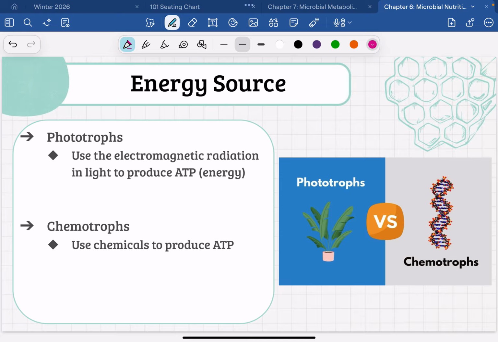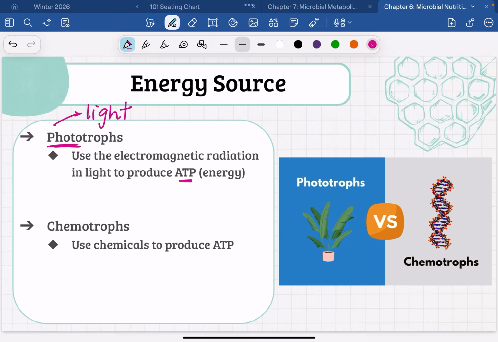Okay, so a phototroph, photo as a prefix, like photography or photosynthesis or any of those photo words, it just means light. So organisms that get their energy or their ATP, right? Remember, we're using ATP as energy. Organisms that use electromagnetic radiation in light.